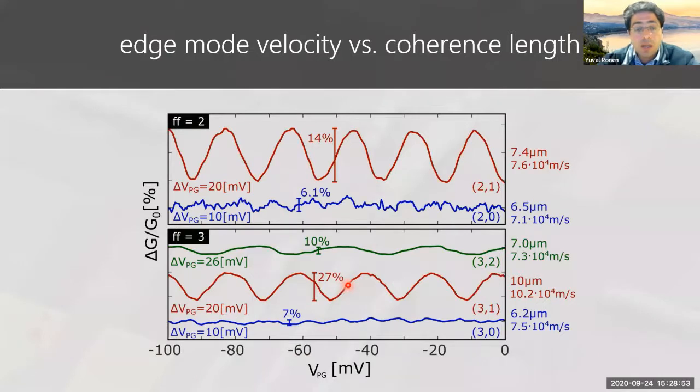I think this is connected to the fact that we have gate-defined versus edge-defined, because you can see that the upper number is the coherence length and the lower number is the Fermi velocity. As the Fermi velocity increases, so does the coherence length. It's not one-to-one, but it tells you that as the Landau level is steeper, you get a higher velocity and higher coherence length. So this talks about edge mode velocity versus coherence length measurements.